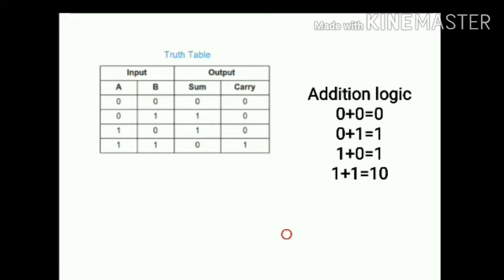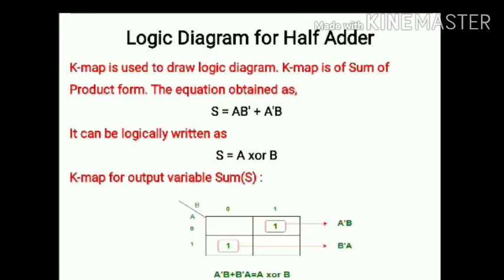Similarly for the carry side, in the carry you will get 1 in the fourth row. So carry equal to A and B. Next we will see the logic diagram.